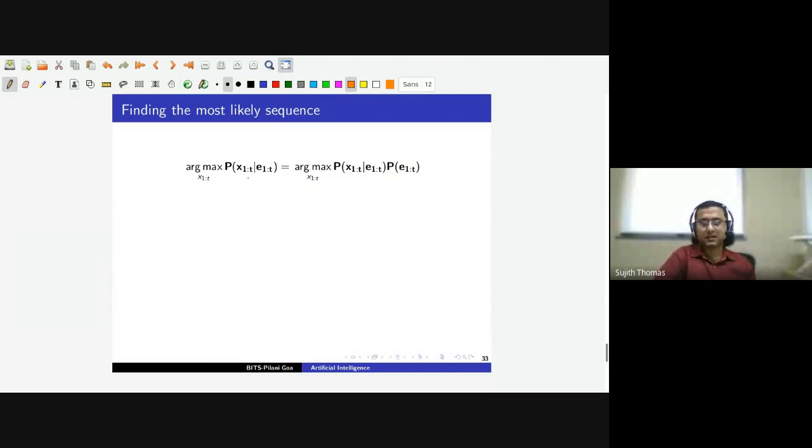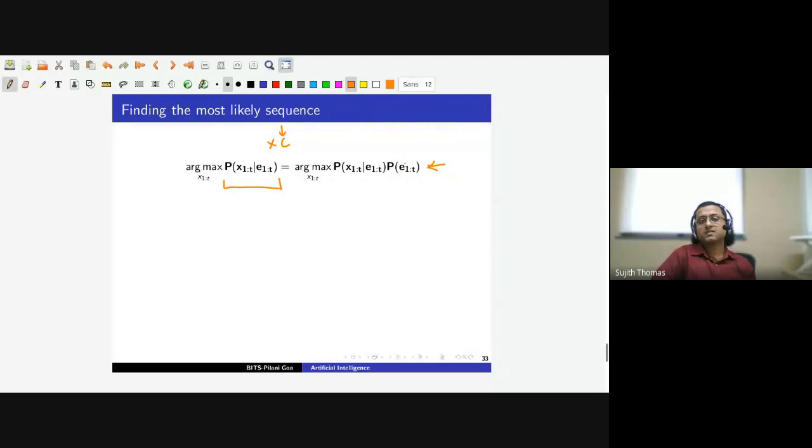So essentially, all we are doing is multiplying a constant to this conditional probability. Let me say that again. We want to maximize this conditional probability with respect to the sequence of state variable values. Now, if I multiply this conditional probability with some constant C, it is not going to change the sequence that maximizes this product. I'll get the same answer. So instead of some constant C, we are multiplying with the probability of observing the evidence variables 1 to t.